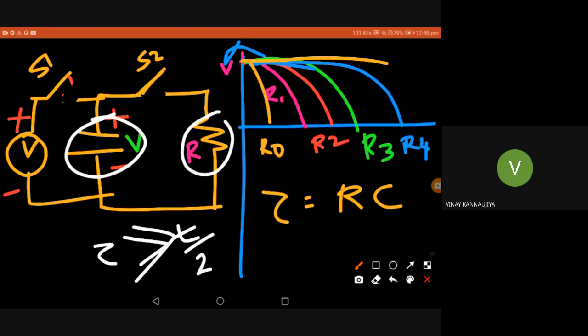What is T? T is the cycle time of my input signal. So tau, the discharge time of the capacitor, should be much greater than the half period of my input signal.